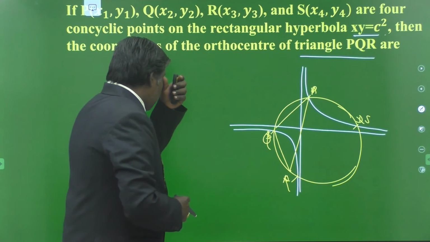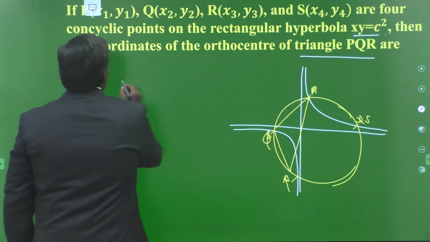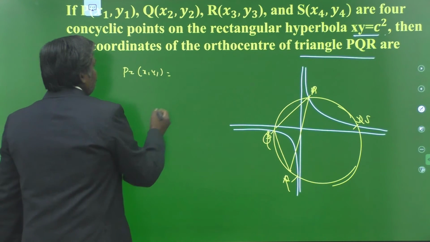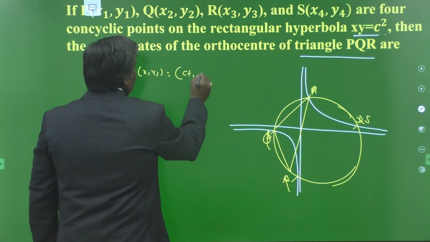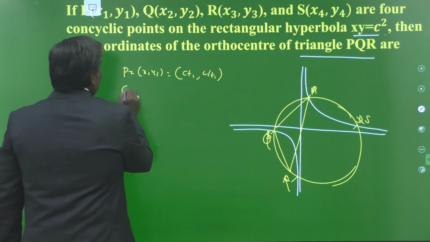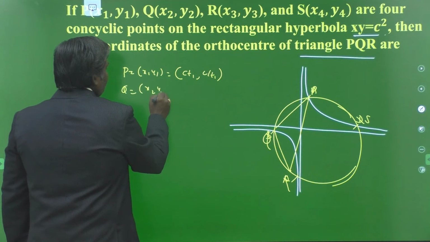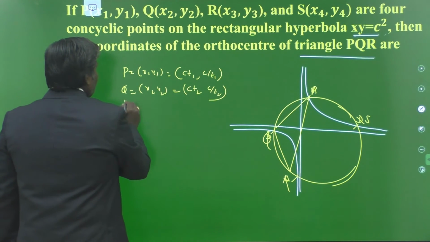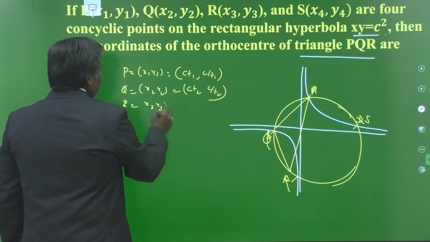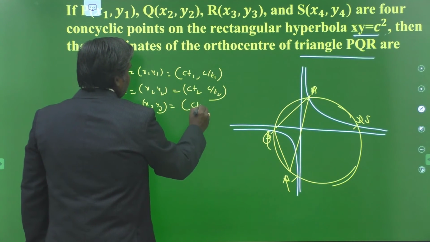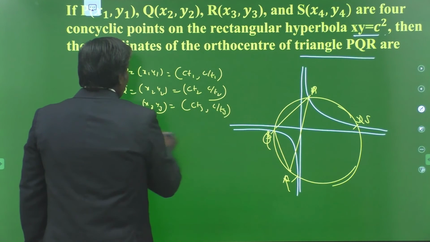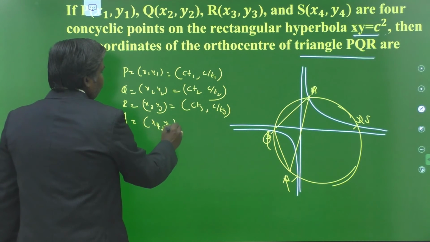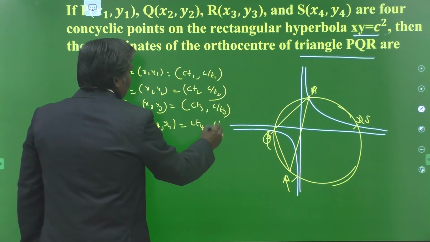Suppose P = (x1, y1) = (ct1, c/t1), and Q = (x2, y2) = (ct2, c/t2). R = (x3, y3) = (ct3, c/t3), and S = (x4, y4) = (ct4, c/t4).